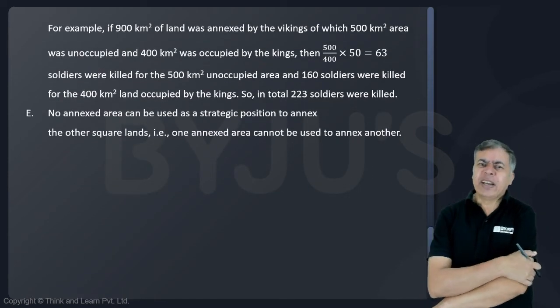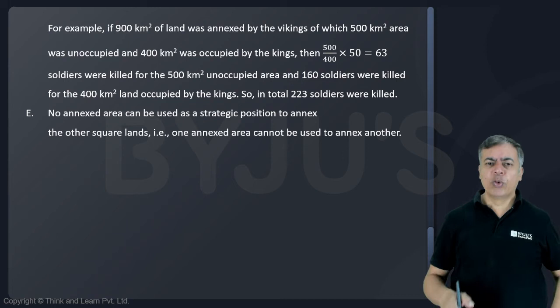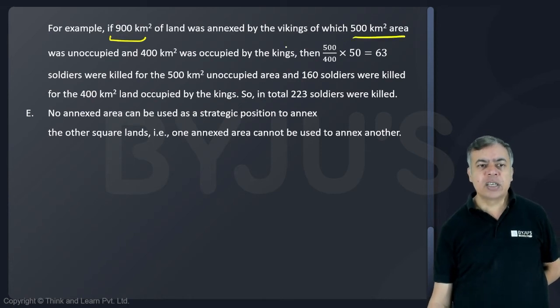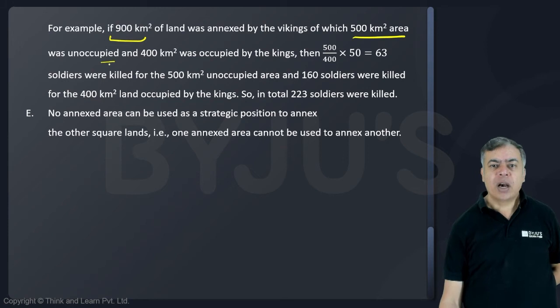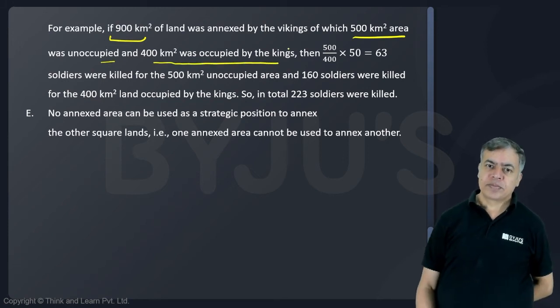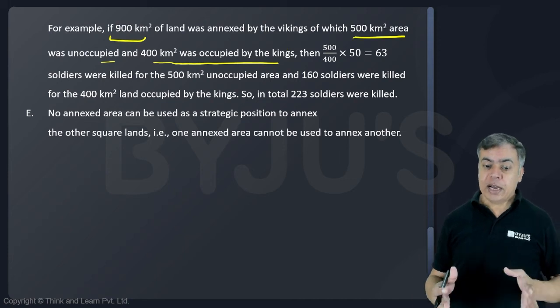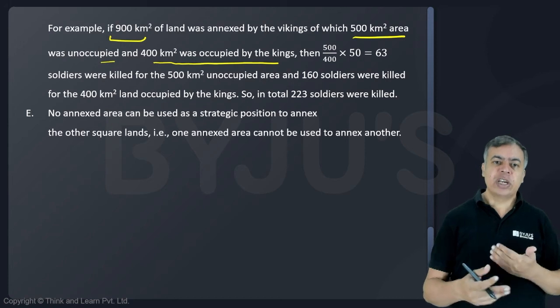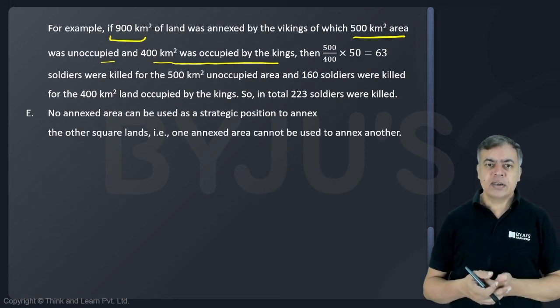So it is given an example, just to show you what was written there. Let's say 900 kilometer square of land was annexed by the Vikings, of which 500 kilometer square was unoccupied, and 400 kilometer square was occupied by the kings. So we can actually attack on 900 kilometer square, 3 by 3, straight away somebody can attack and annex.